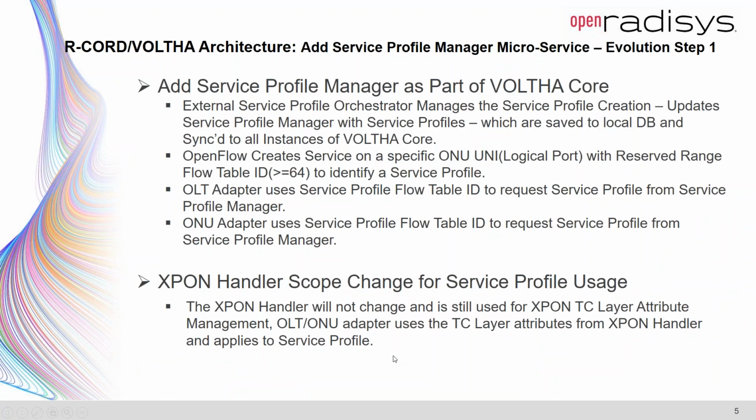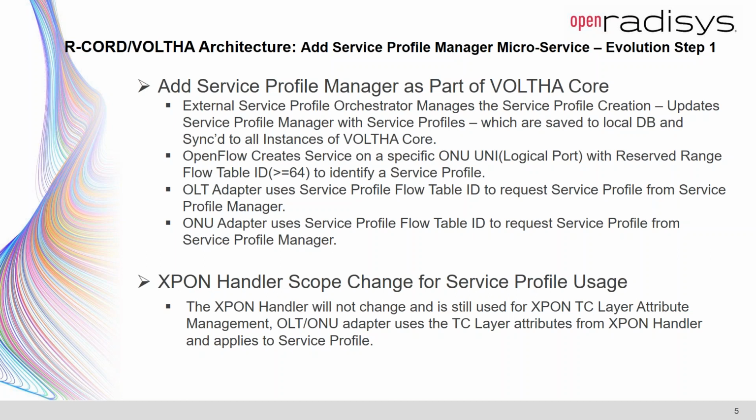And here it just basically goes through and lists the different changes. So we can have service profile creation. OpenFlow is adding a reference to a flow table that references a service profile.